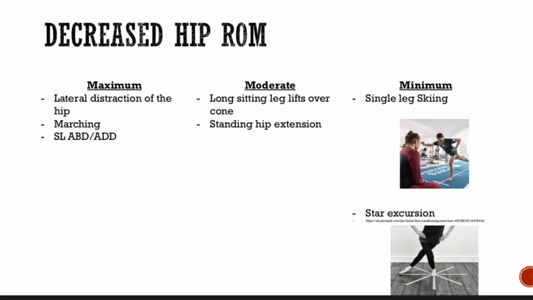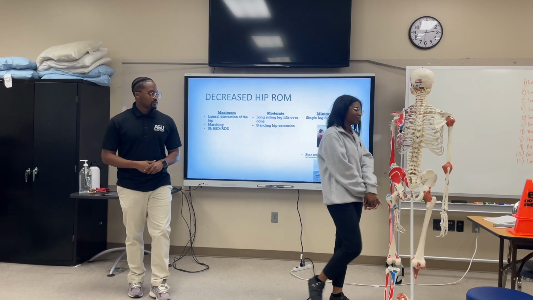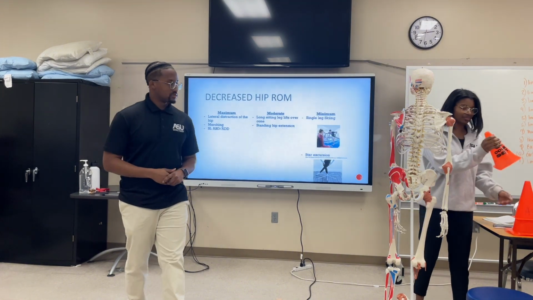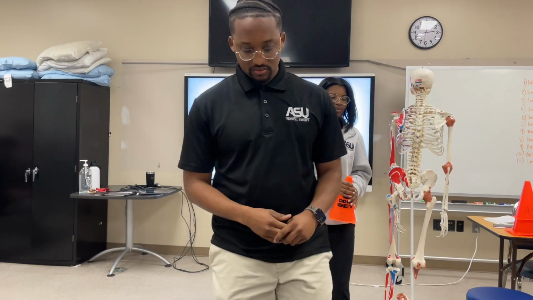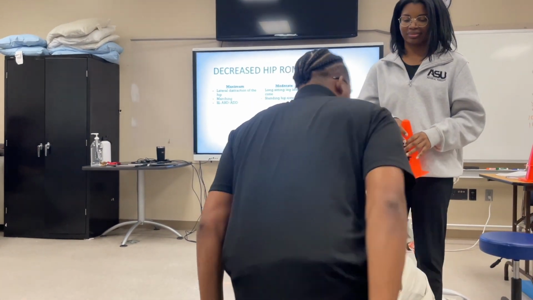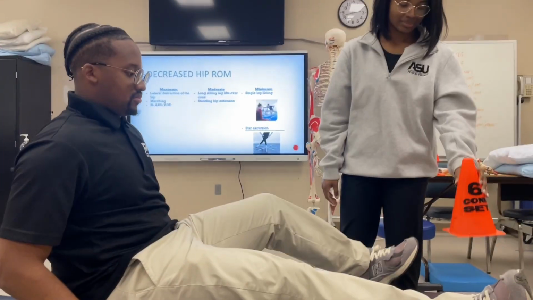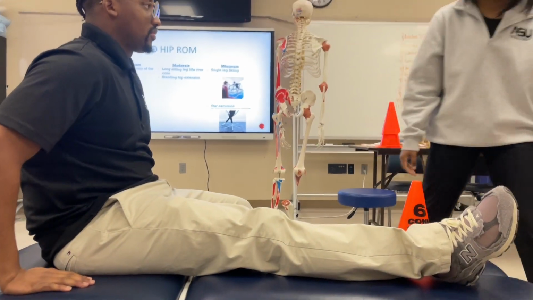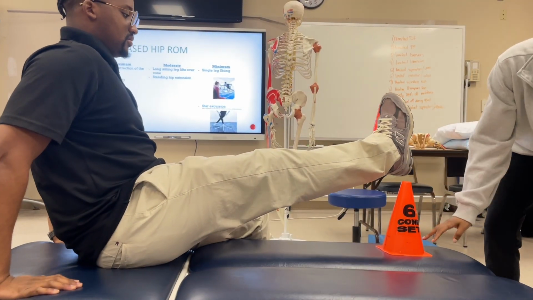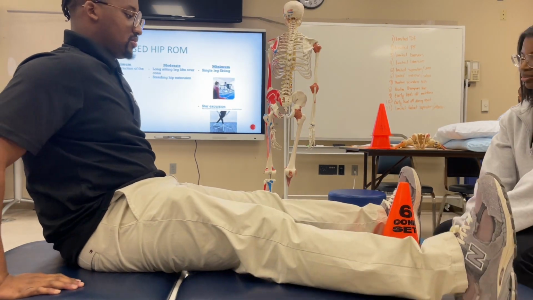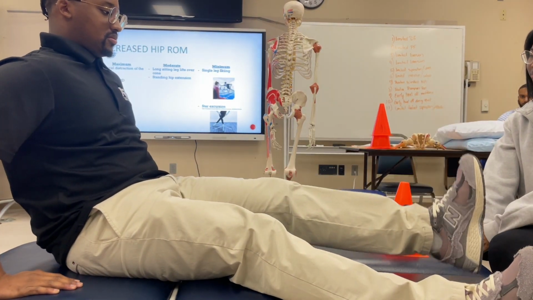And then for the moderate phase, we can do long sitting leg lifts over the cone. Just have him long sitting, and then have him lift his leg up and over the cone.